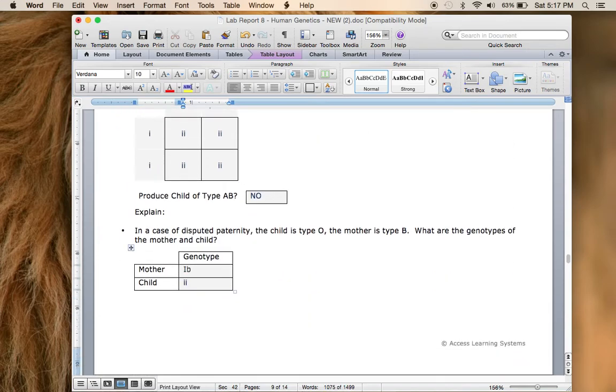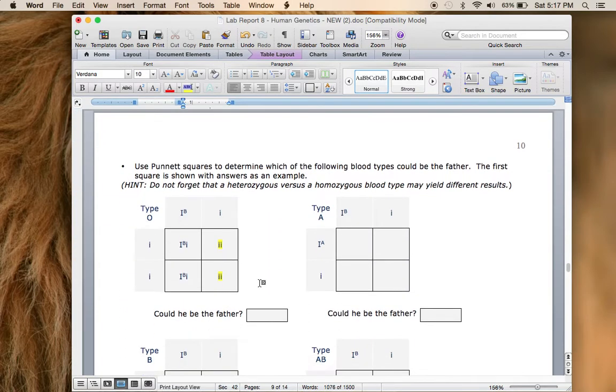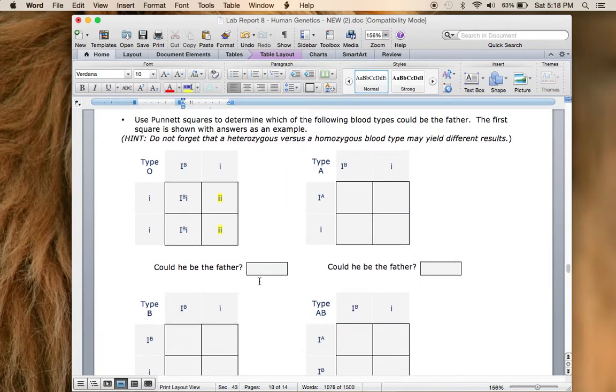So we know then that the mother has the genotype of 1 dominant B and 1 recessive allele. So now you're going to use Punnett squares to determine which, if any, of the following blood types could be the father. The first one's done as an example.